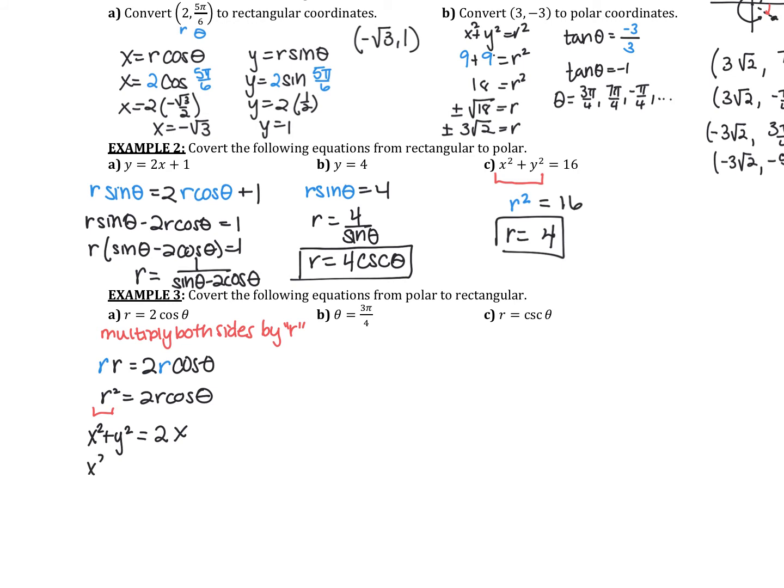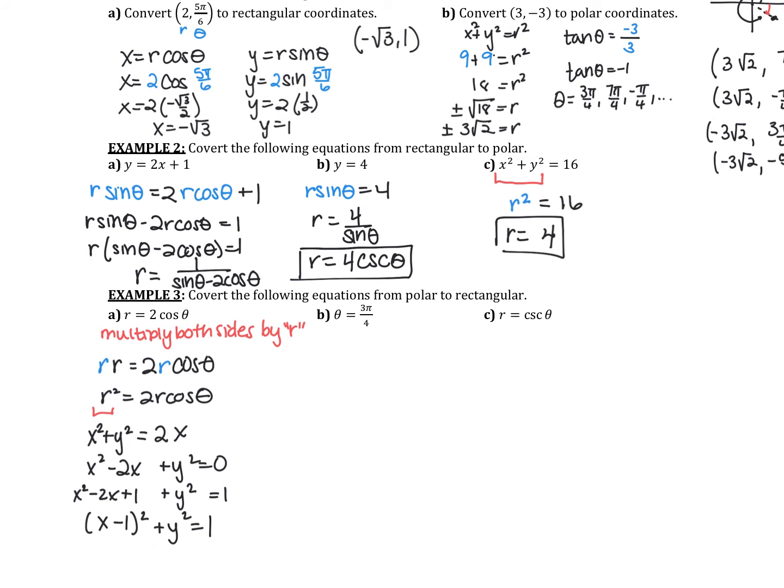If we subtract the 2x, and then I complete the square, so I would divide this b by 2 and add that back to the other side, plus y squared, I can rewrite this as x minus 1 squared plus y squared equals 1. What is this? This is a circle with a radius of 1, whose center is the ordered pair 1, 0.